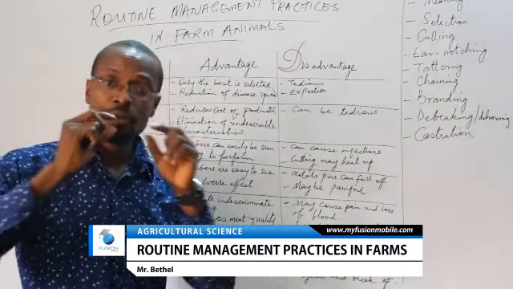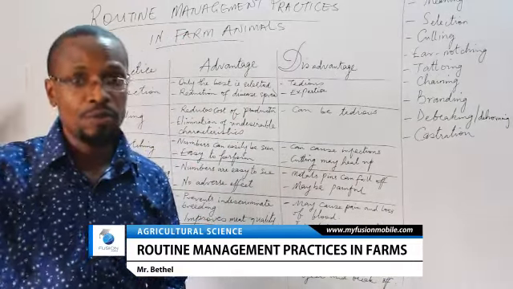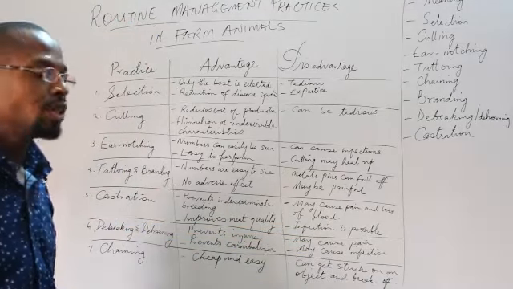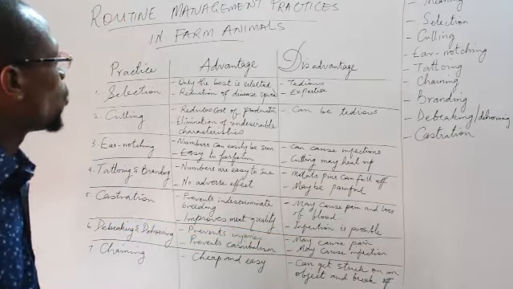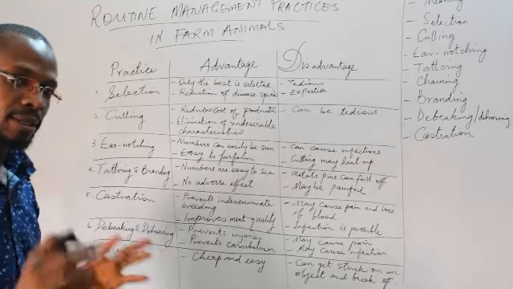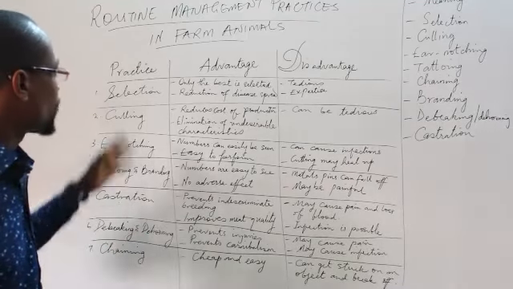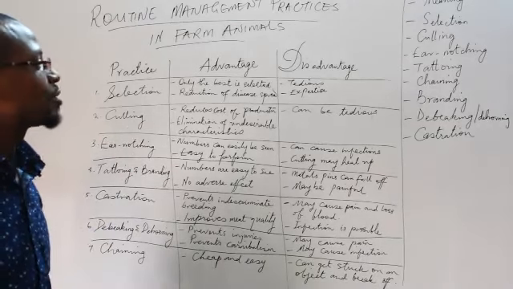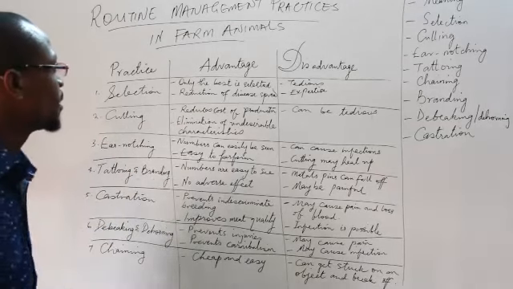You can remove the beaks of birds, and also you can remove the horns of animals. Then of course we have castration. Now we will go on to look at the various practices and their advantages, as well as their disadvantages.